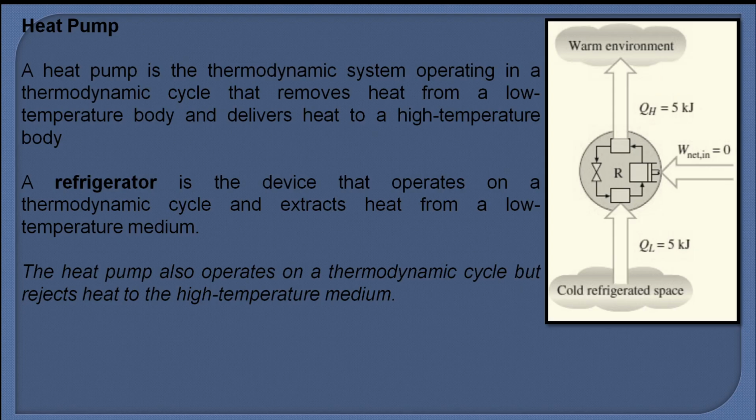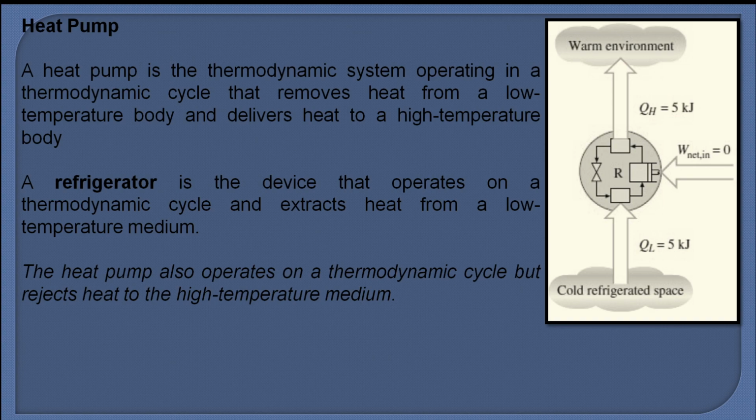So coming to the exact understanding or definition of heat pump and refrigerator, heat pump is a thermodynamic system operating in a thermodynamic cycle that removes heat from a low temperature body and delivers heat to a high temperature body. Refrigerator is also the same device.